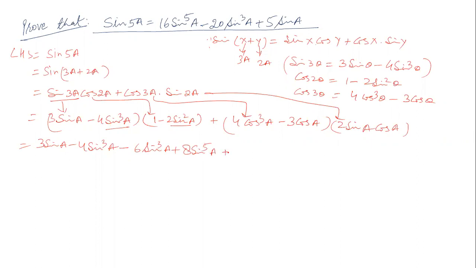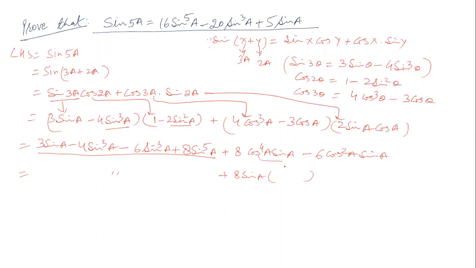Then multiplying 2 sin a cos a into 4 cos cube a, that is 8 cos to the power 4a into sin a, minus 6 cos square a into sin a.